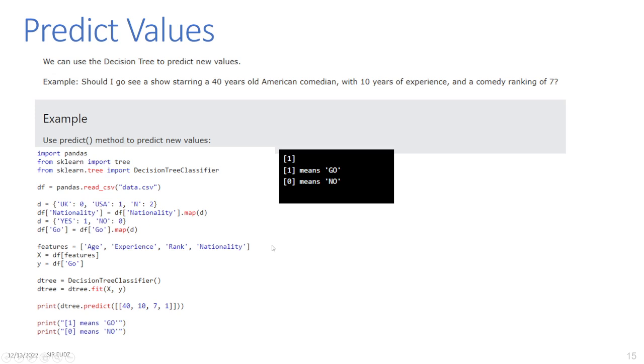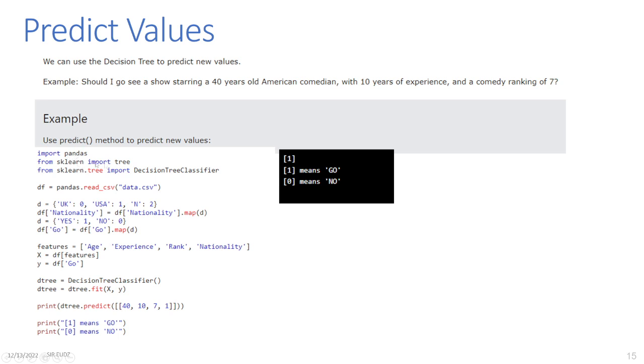So now that's just our basis, but in machine learning we have to predict values. So the decision tree is just used for us to view the tree, but in most cases we just try to determine if it is a go or a no based on the values of the features. So should it go, show starring a 40-year-old American comedian with 10 years experience and a comedy ranking of 7.